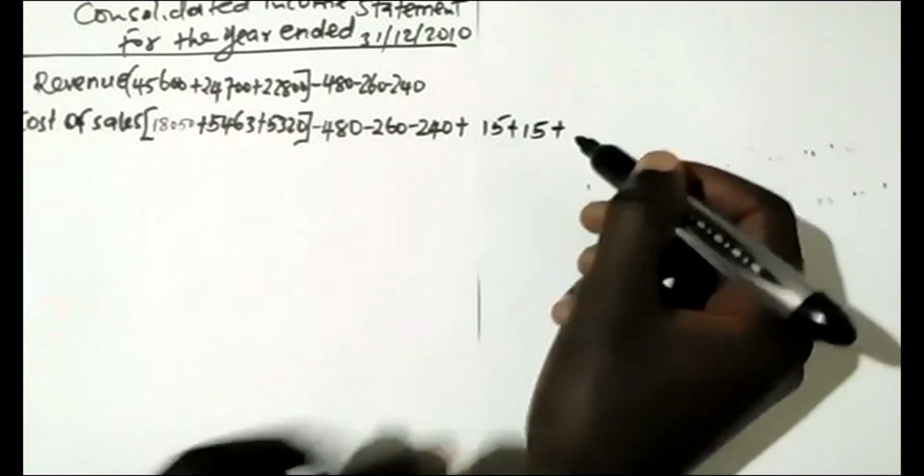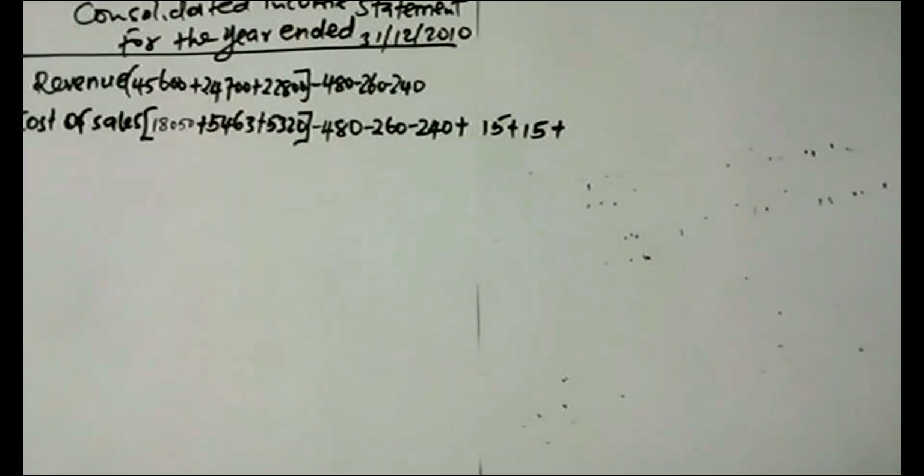Then I will add my UPFA, unrealized profit on fixed asset. So in order to get the unrealized profit on fixed asset, again I need to do a working.